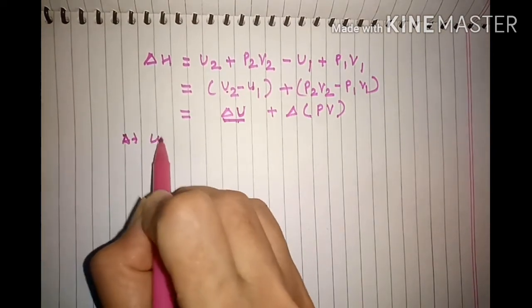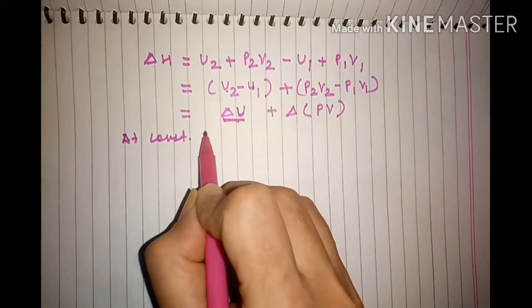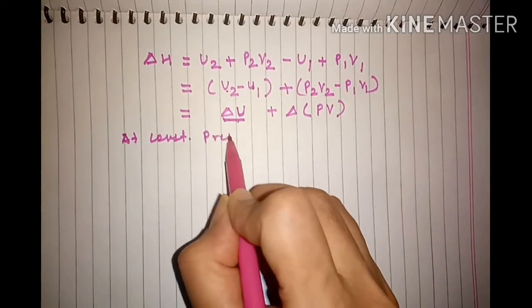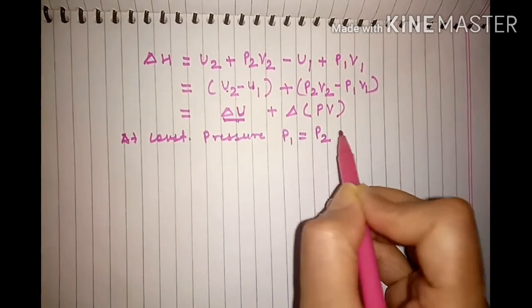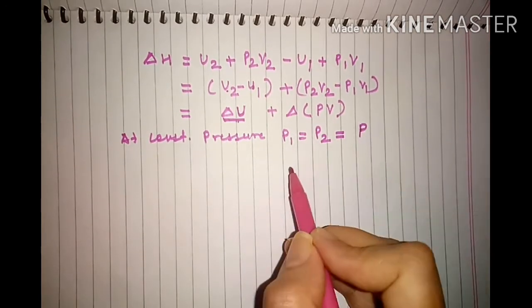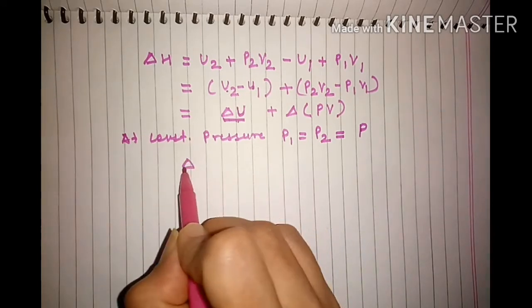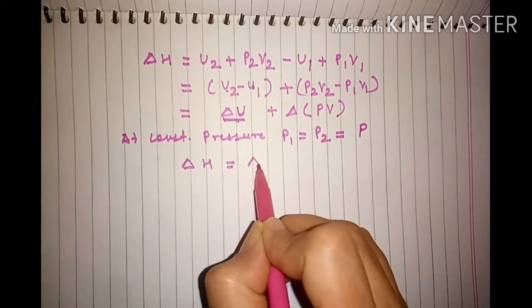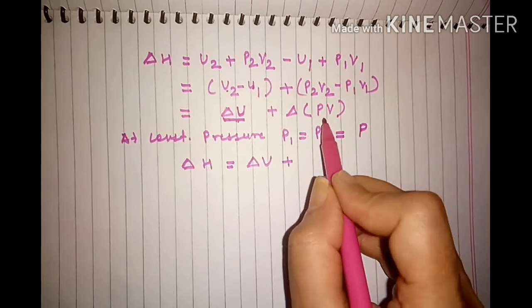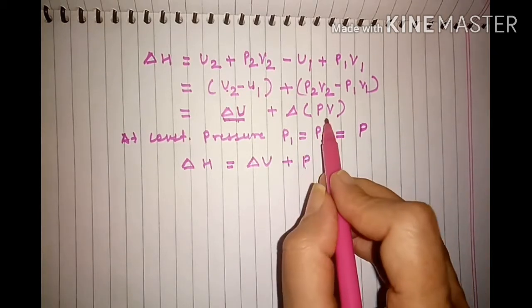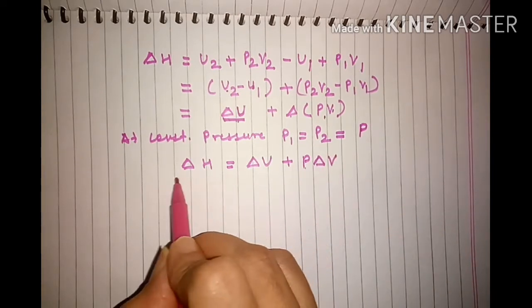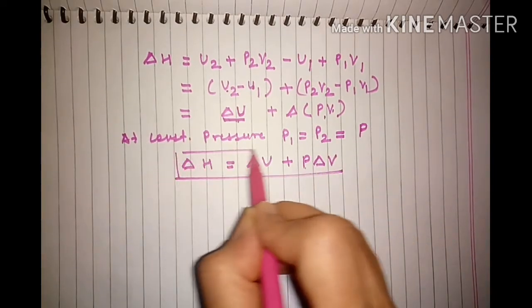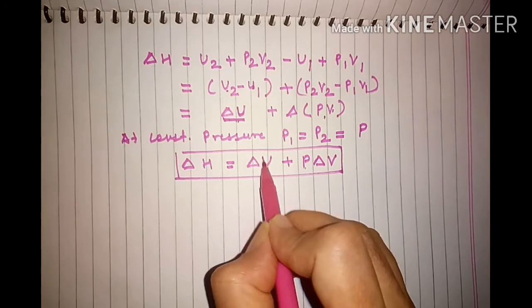Means at constant pressure, what will happen? At constant pressure, that is P1 would be equal to P2, which you can denote as capital P. So you can write delta H equals to delta U plus P, which will remain constant for this equation, delta V. So you reach up to this equation, that is delta H equals to delta U plus P delta V.